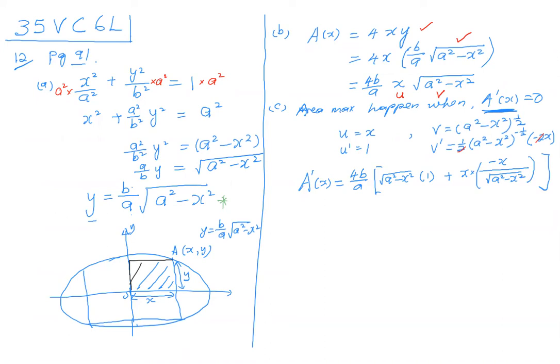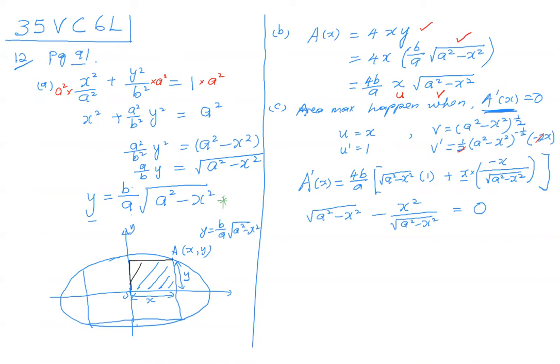So 4b over a cannot be 0, so I straight away write down square root of a squared minus x squared. Okay, this one, x times negative x, or negative x squared over square root of a squared minus x squared, equal to 0. If you do it like that, you will get 2 marks already.